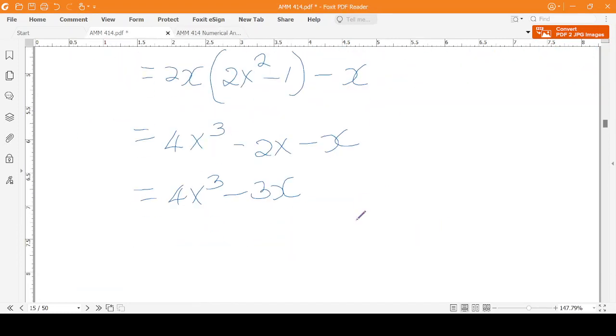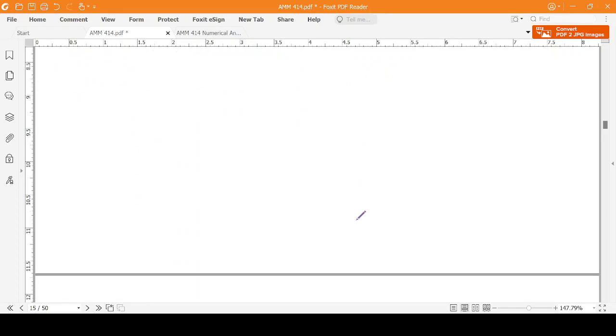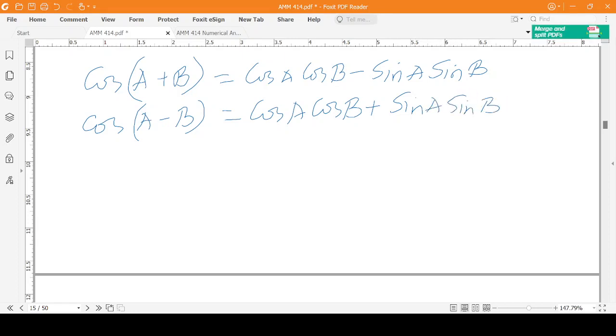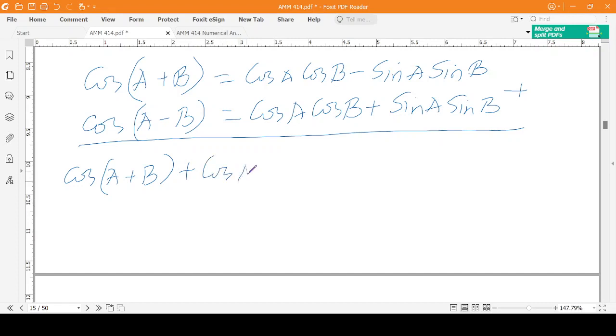If you can remember from trigonometry, cosine of A plus B is the same as cosine of A times cosine of B minus sine of A times sine of B. And cosine of A minus B is the same as cosine of A times cosine of B plus sine of A times sine of B. If we add these two, we are getting cosine of A plus B plus cosine of A minus B. And if we add the other side, we get 2 cos A cos B. Then the sine term, one is negative, the other one is positive, so those will add up to 0.